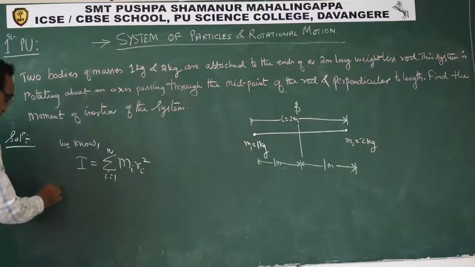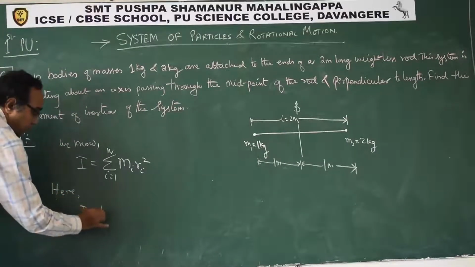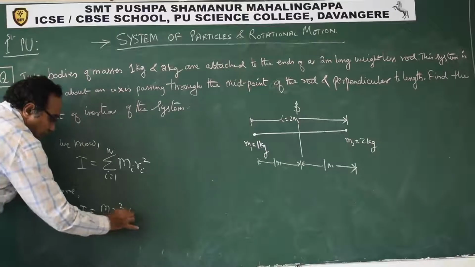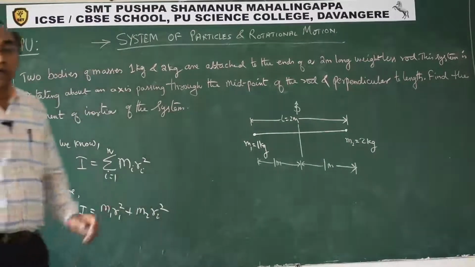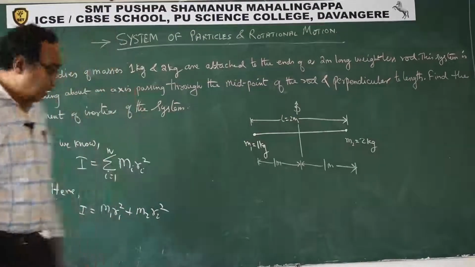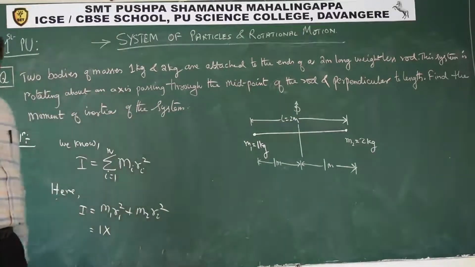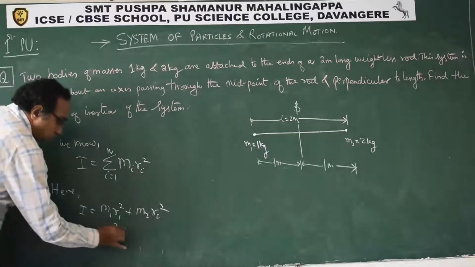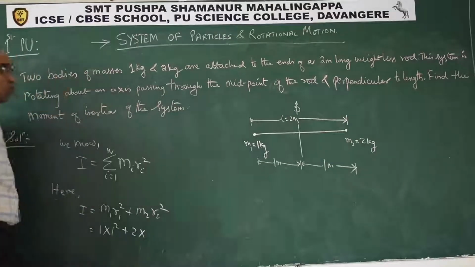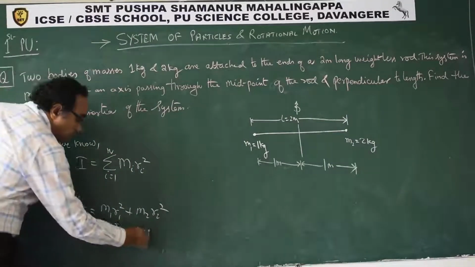So here I will be m1 r1 square plus m2 r2 square, because two masses are there. So m1 is 1 kg. What is the distance of this 1 kg mass from the axis of rotation? 1 meter, plus 2 kg. What is the distance of the 2 kg mass from the axis of rotation? 1 meter.